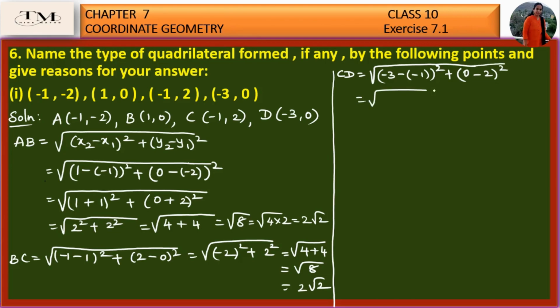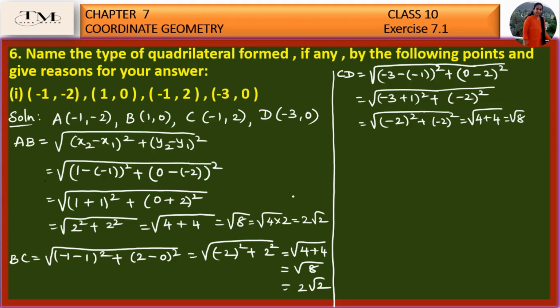So we will get minus 3, minus into minus is plus 1, so (minus 3 plus 1) whole square plus (0 minus 2, minus 2) whole square. Minus 3 plus 1 is minus 2 whole square plus minus 2 whole square. So minus 2 whole square is 4, also 4. So 4 plus 4 is root 8. Root 8 we already found as 2 root 2. So its answer is also 2 root 2.